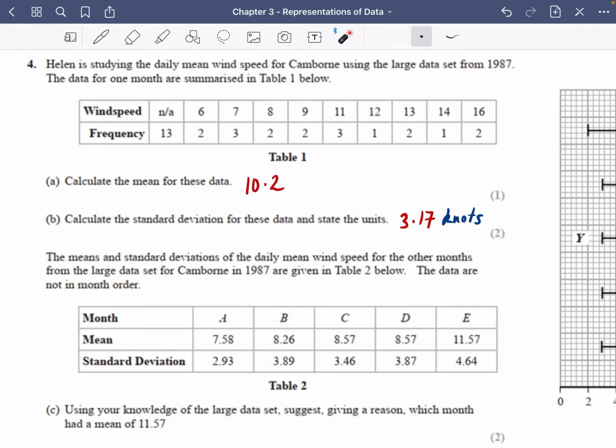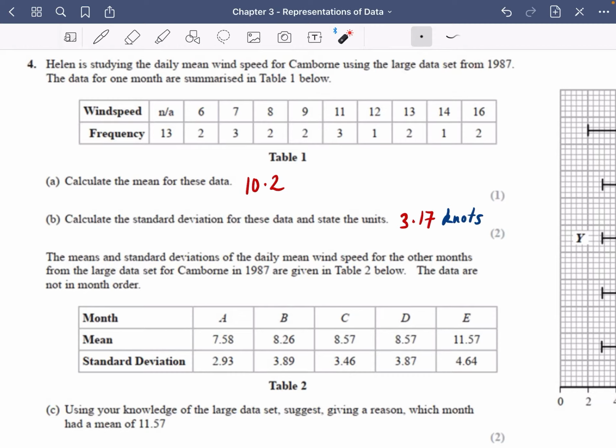So the month that we're going to suggest had a mean of 11.57 is October, and we can either say that autumn is windier in the UK, or you could say that there was the hurricane or the storm in October 1987. And actually, they will accept September as an answer here as well, as long as you're talking about it being windier in the autumn. So it's just a little bit of common sense with this.